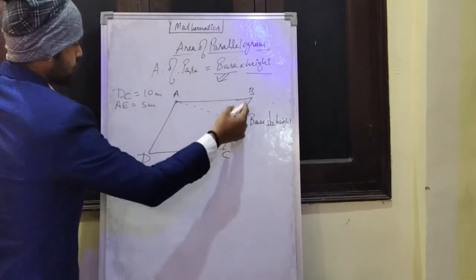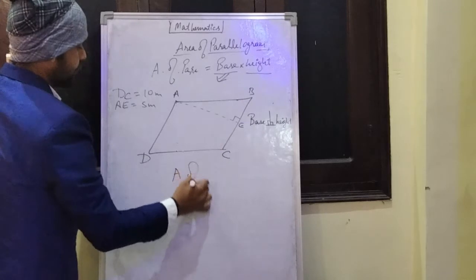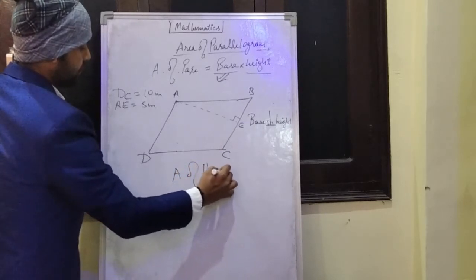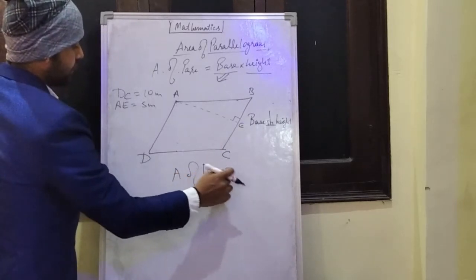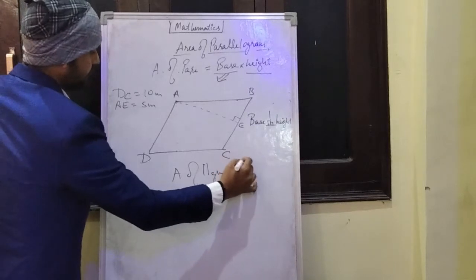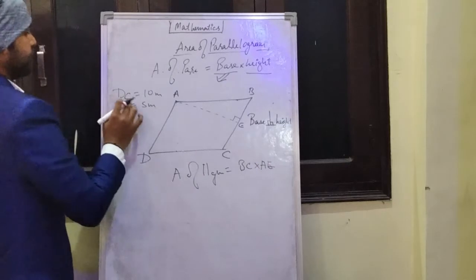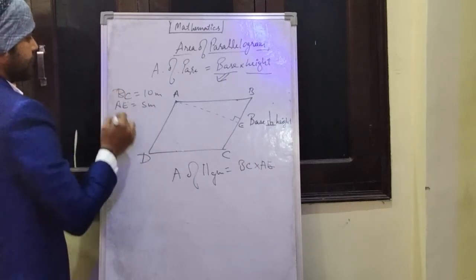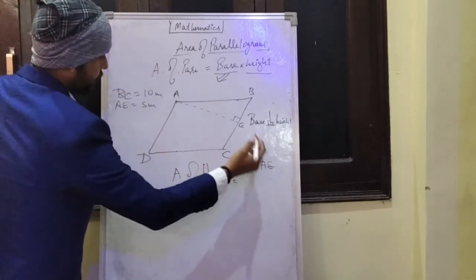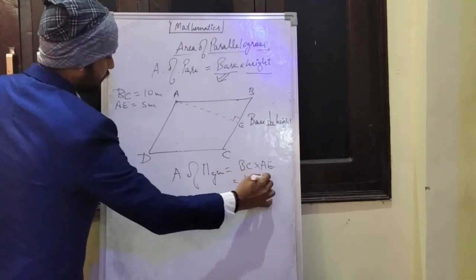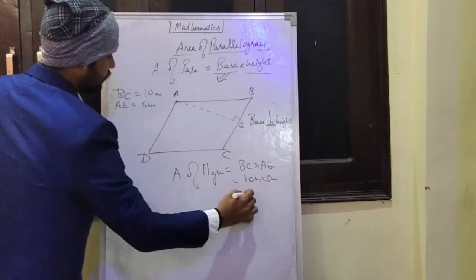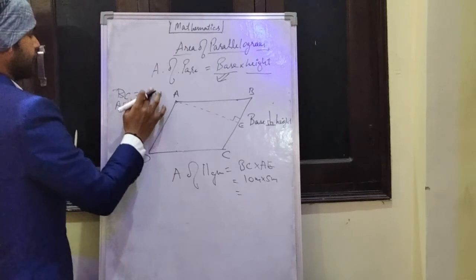Now this will be acting as the height. Okay. So now what will the area of the parallelogram be? Area of parallelogram is written like this: you draw two vertical lines and write gm. That's it. Base will be BC, height is AE. Let's say BC is 10, AE is 5. Okay, the values can be different, don't be confused.